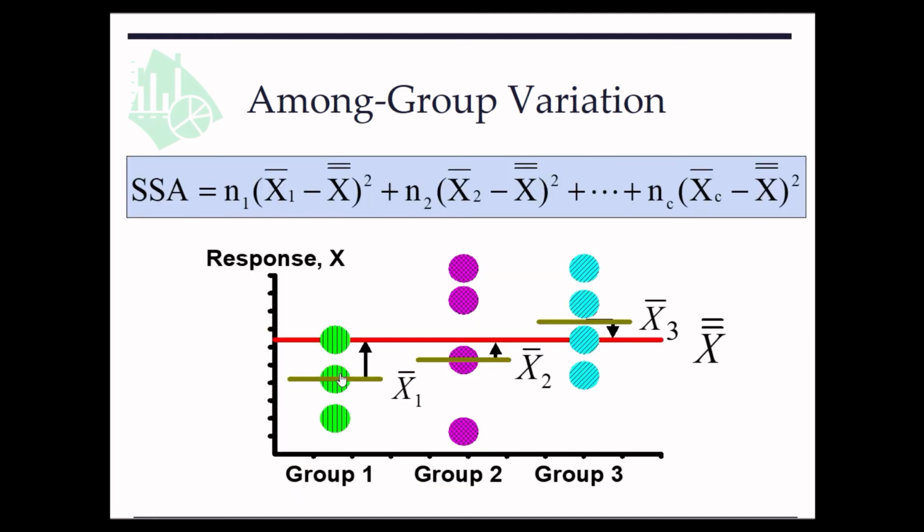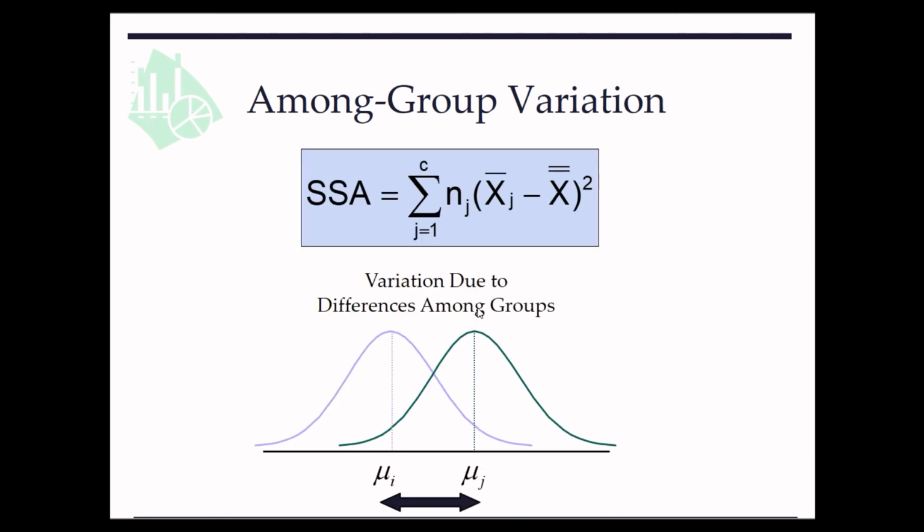So here we have the difference from each sample group mean minus the grand mean, taking square, then multiplying the sample size of the group, and we add all of them together to obtain SSA. So visually we can see here we have variation due to differences among groups as captured in SSA.